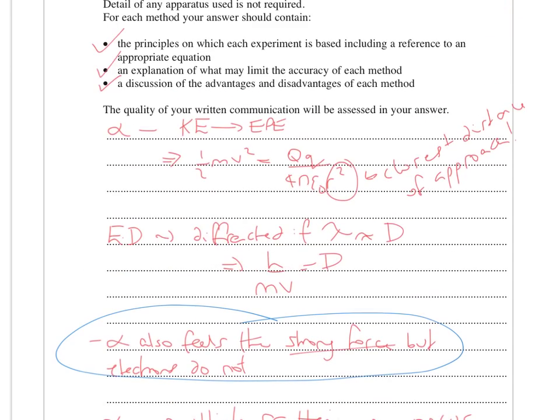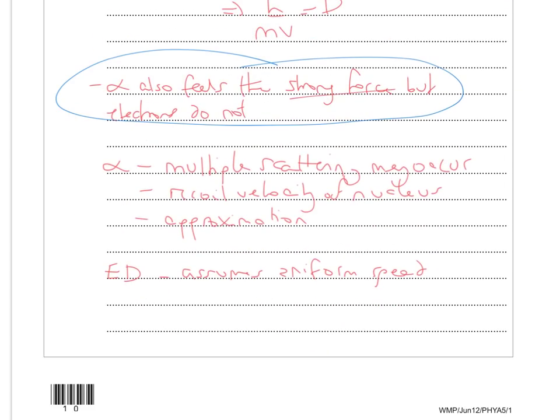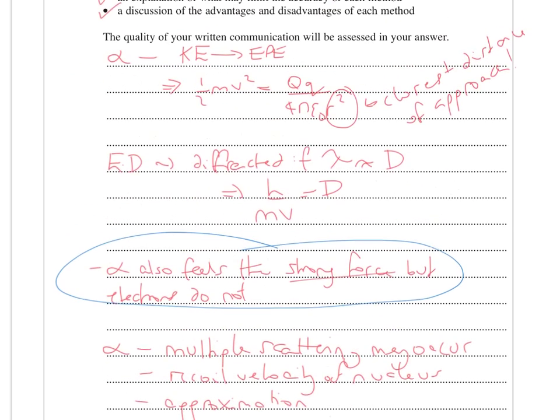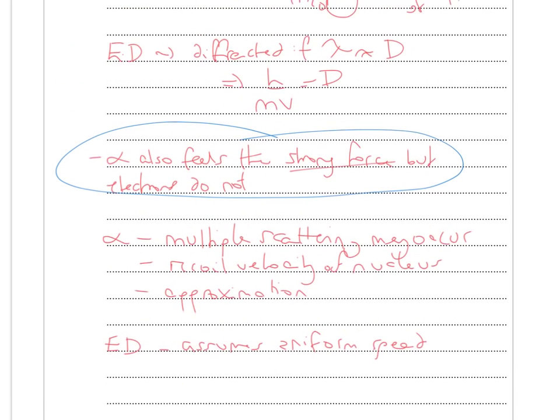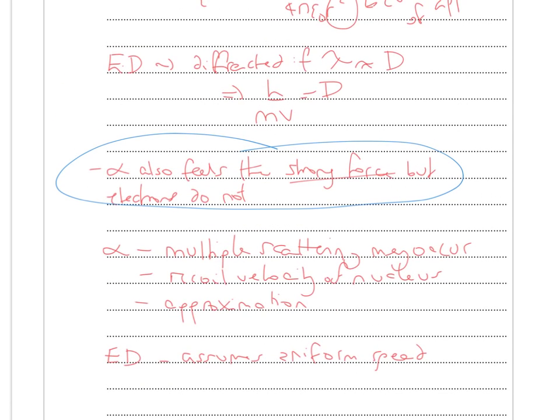But given this is a 6 mark question, they're probably looking for 2 points to talk about on this one. So we need to think of another advantage or disadvantage of one of these methods. There's not really another one, but it's probably looking for a little bit more detail here.